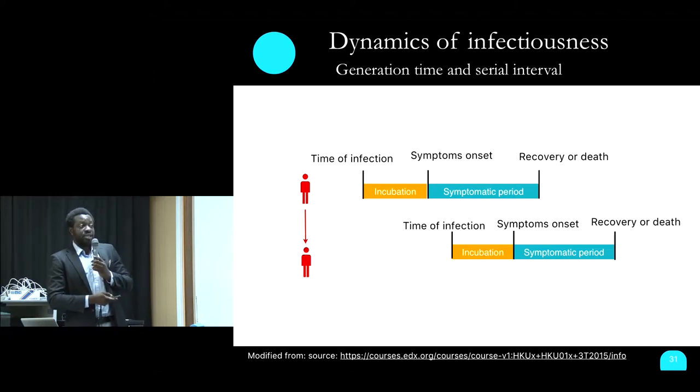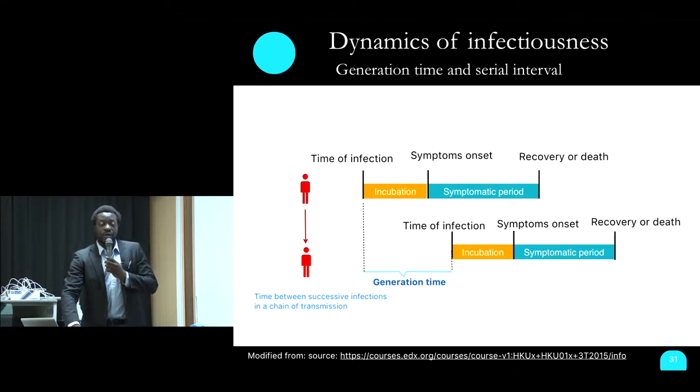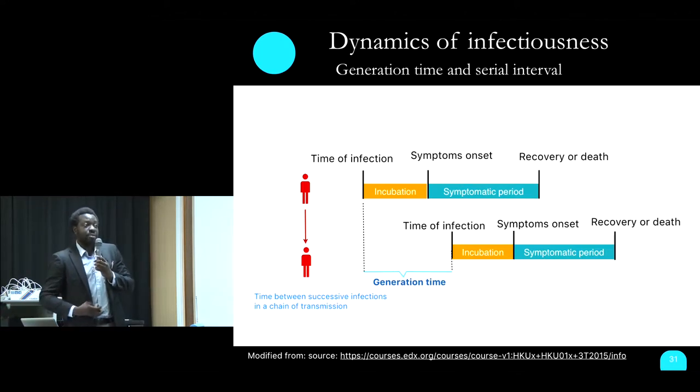When the transmission is done, we can estimate the time it takes for this person to transmit the infection to the susceptible host. And one of the ways is to look at the generation time, which is the time of infection of the first person to the time of infection of the second person. They call it generation time.